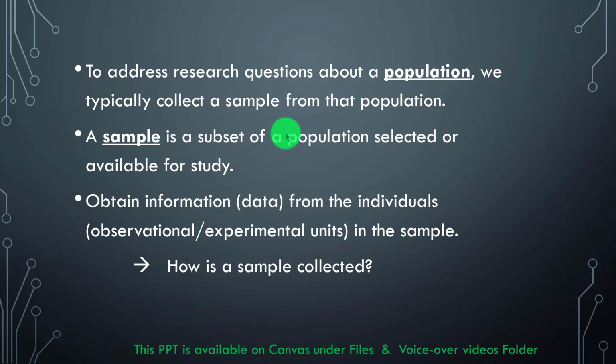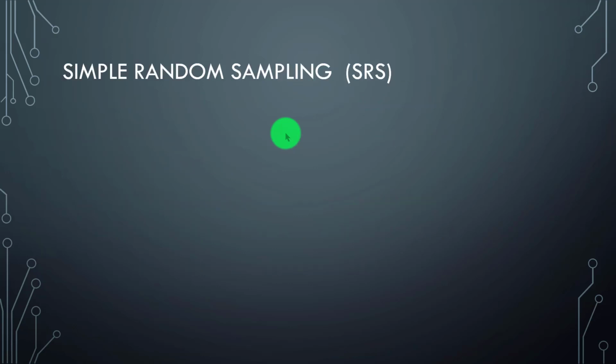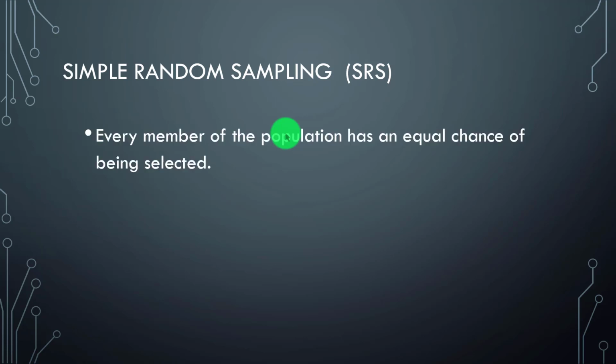The gold standard to sampling is random sampling, and the go-to method of random sampling is what is called simple random sampling. Simple is the key word there.